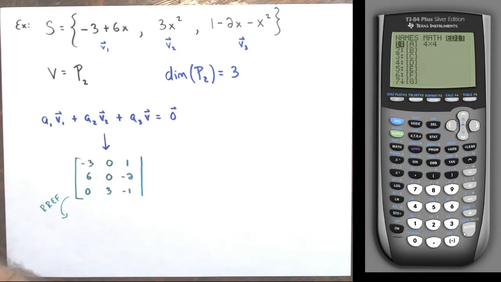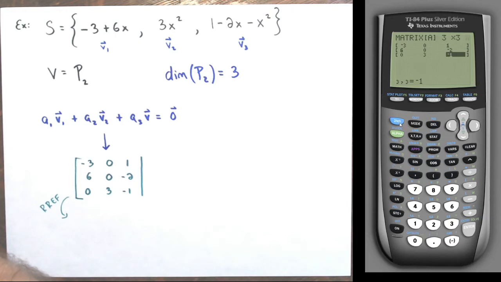Right, it's a 3 by 3. First row, negative 3, 0, 1, 6, 0, negative 2, 0, 3, negative 1.